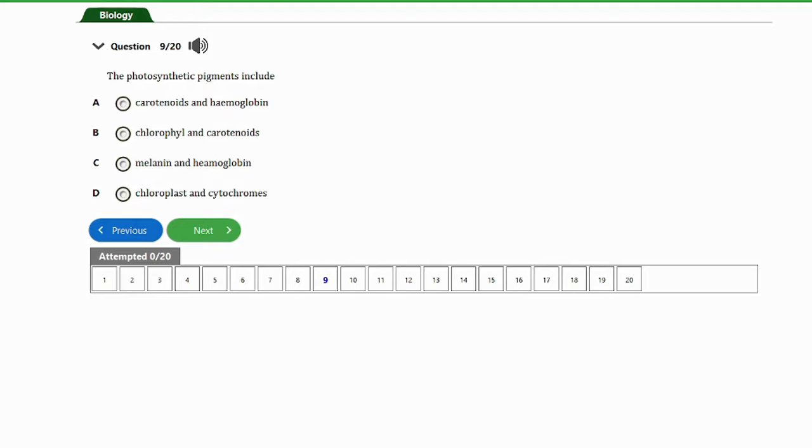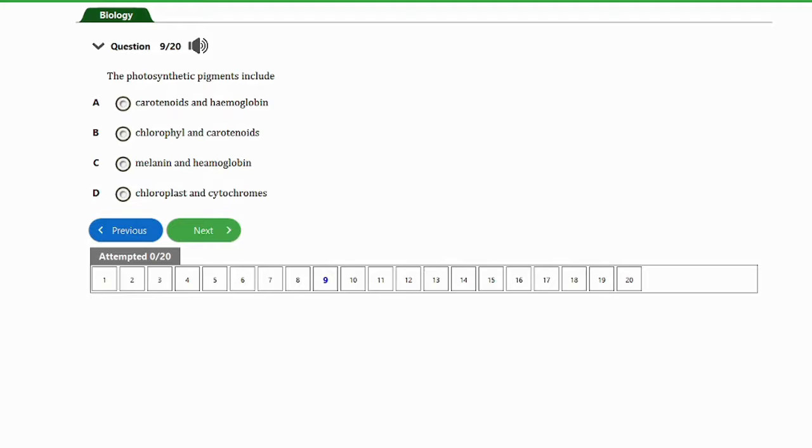It says, the photosynthetic pigments include A, carotenoids and hemoglobin, B, chlorophyll and carotenoids, C, melanin and hemoglobin, and D, chloroplasts and cytochromes. So guys, the answer to this question is option B, and that's the chlorophyll and carotenoids.